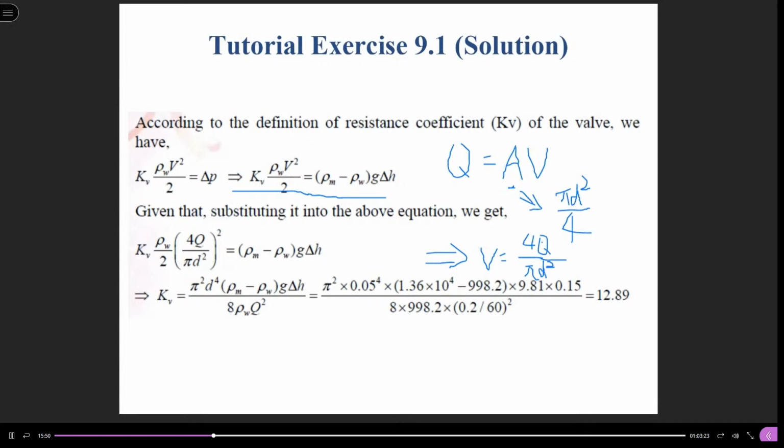Right? Substituting it into this equation, and then we can get this equation, right? After that, change the equation into this form.